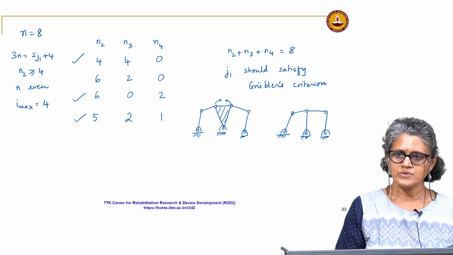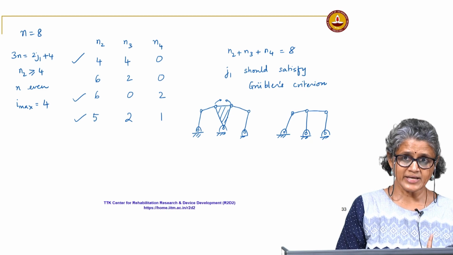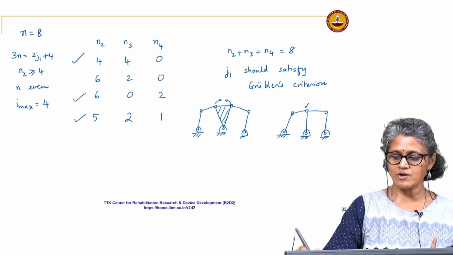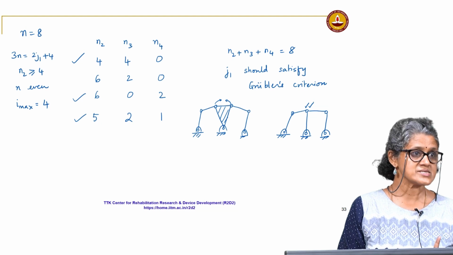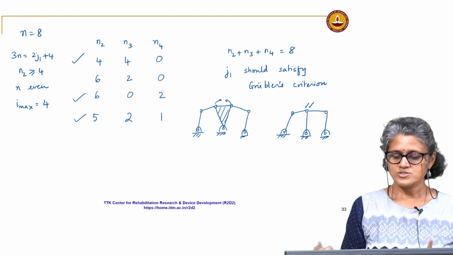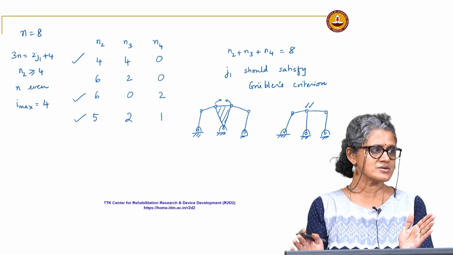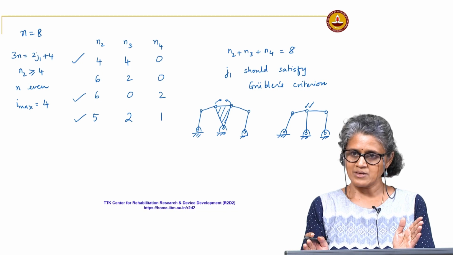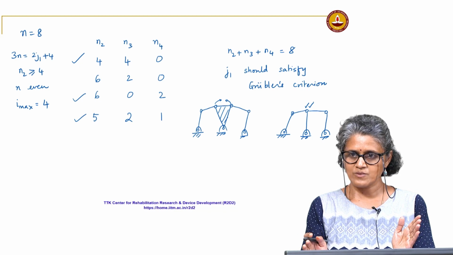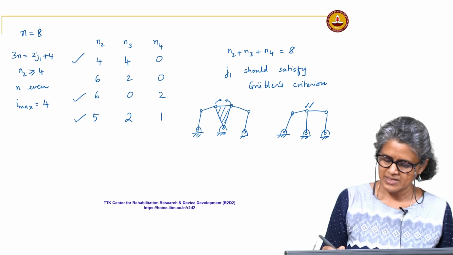Same thing. Only thing, when I am calculating the mobility, I have to make sure that I calculate 2 J1s here. So, I collapse the joint, it did not change the mobility of the mechanism. Okay. So, basically I coalesced the joints.